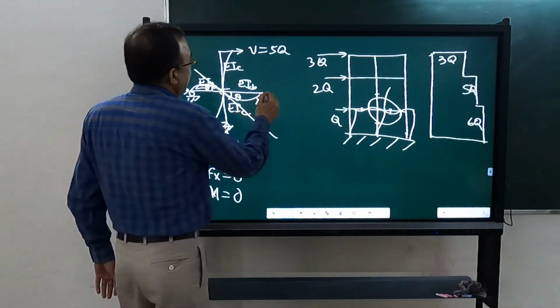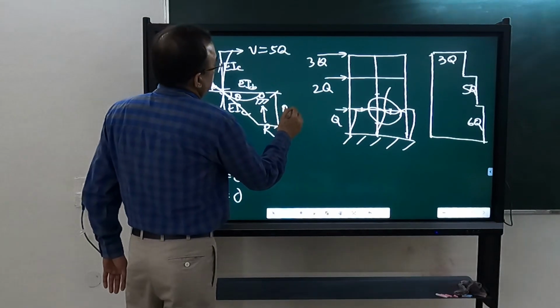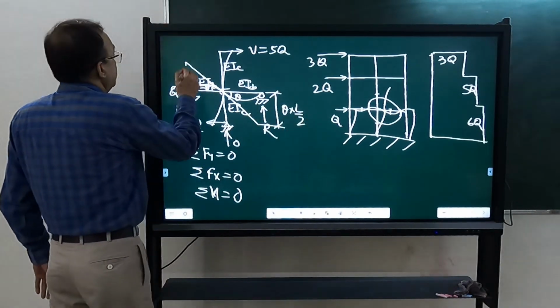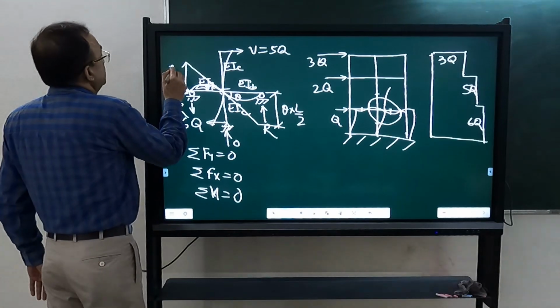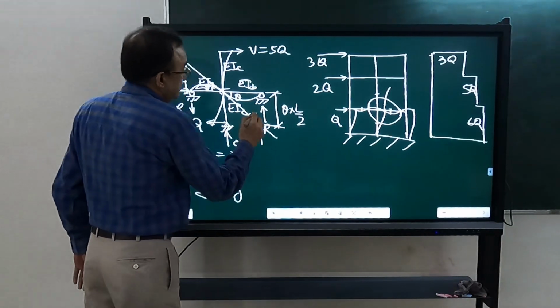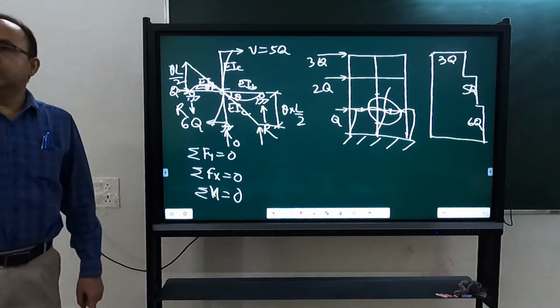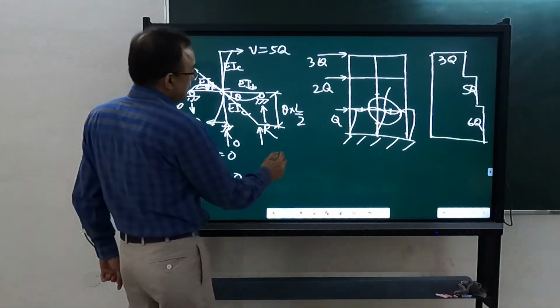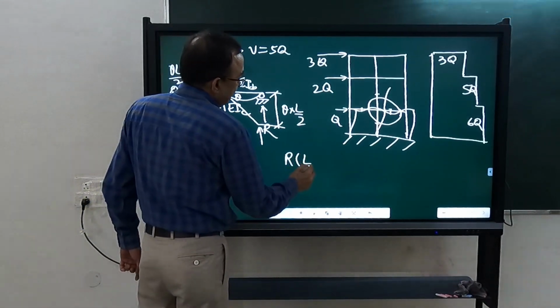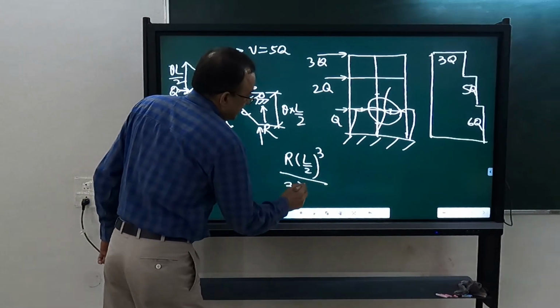Now, if this is theta, how much will this be? Theta into L by 2, and this will also be theta into L by 2. Now, this reaction R has to be such that this displacement should be equal to theta L by 2. So R into (L by 2) whole cube divided by 3EIB.